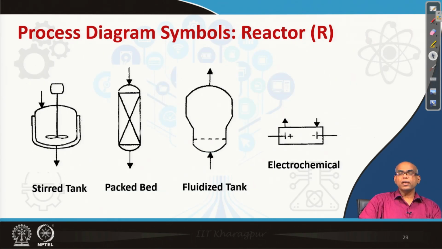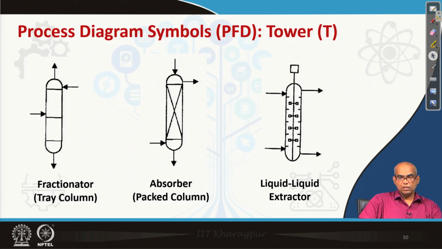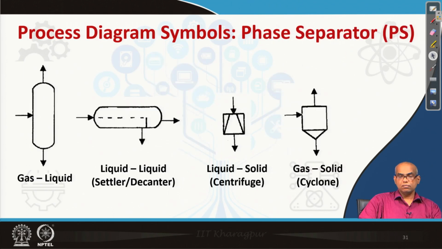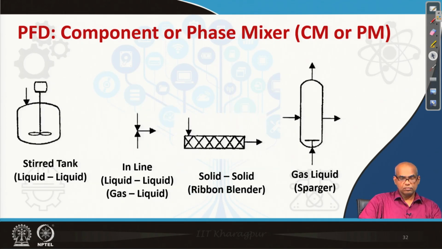So, here are various symbols for reactors: stirred tank, packed bed, fluidized bed, electrochemical reactor. Several towers: fractionator, absorber, liquid extractor. Several phase separators: gas liquid, liquid liquid, liquid solid, gas solid. Component or phase mixers such as stirred tank, inline mixer, solid ribbon type blender, gas liquid sparger.